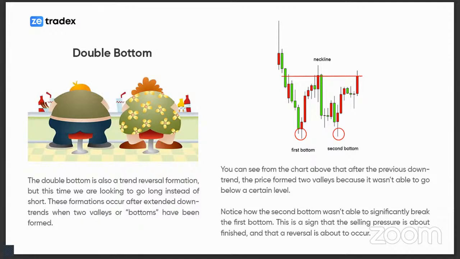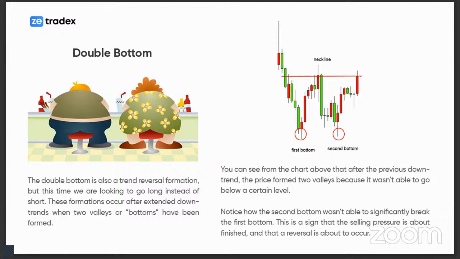And you can see from the chart above that after the previous downtrend, the price formed two valleys because it wasn't able to go below a certain level. And you notice how the second bottom wasn't able to significantly break the first bottom. And of course, this is a sign that the selling pressure is about finished and that a reversal is likely about to occur.